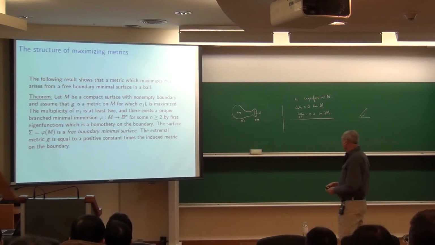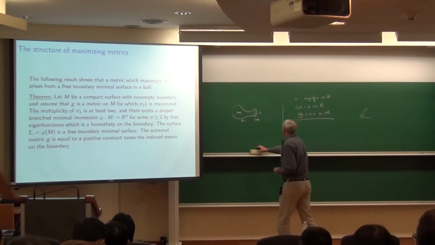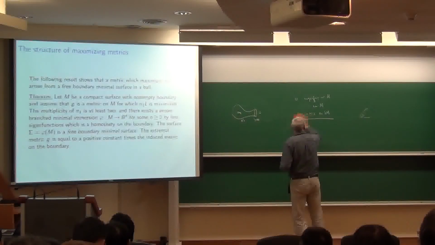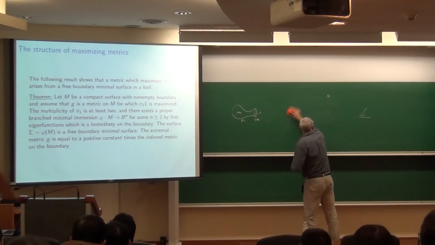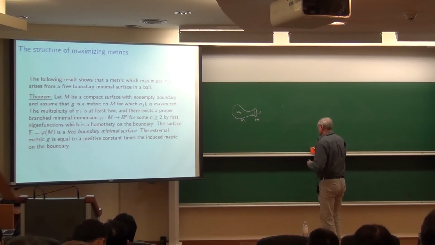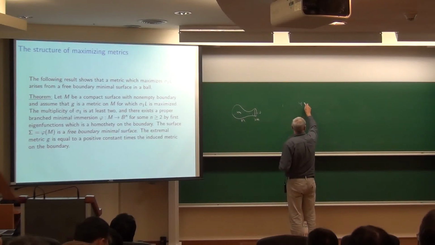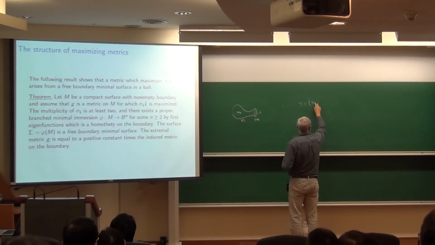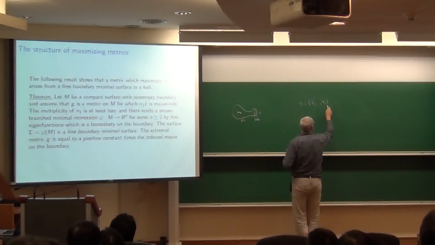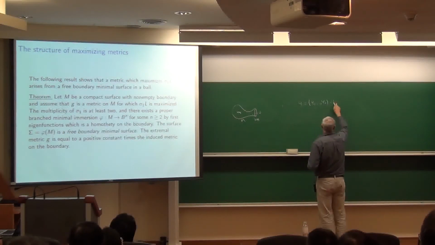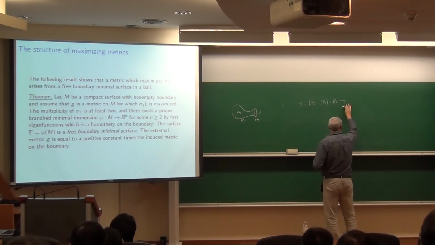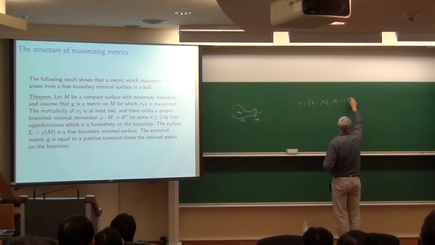And you can find n independent eigenfunctions, for some n greater than or equal to 2. So you can find a map, and we think of this as a map from M into R^n, but it actually has values in the unit ball.